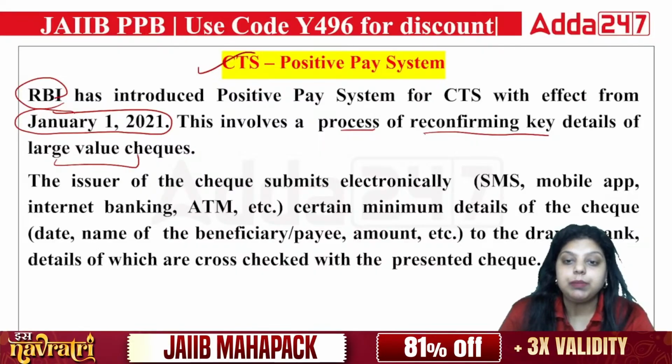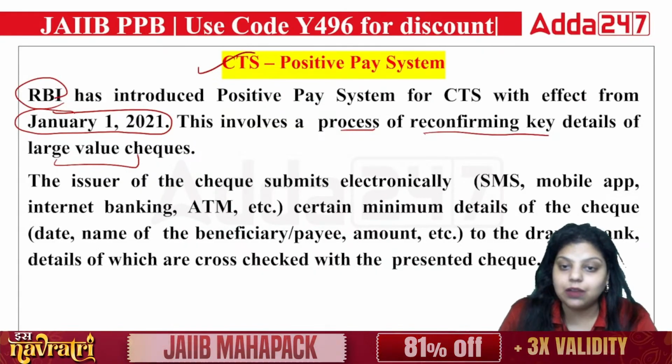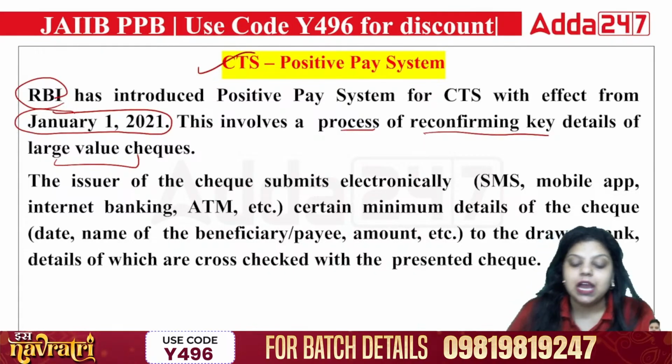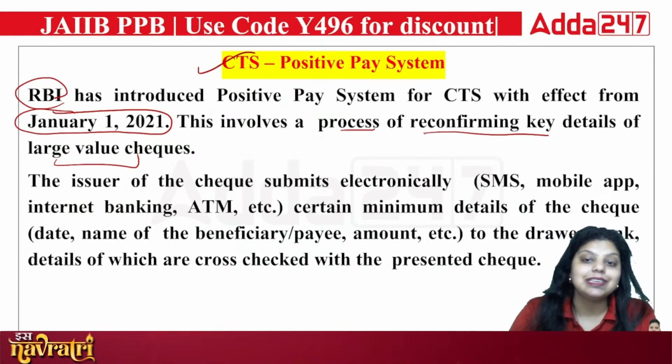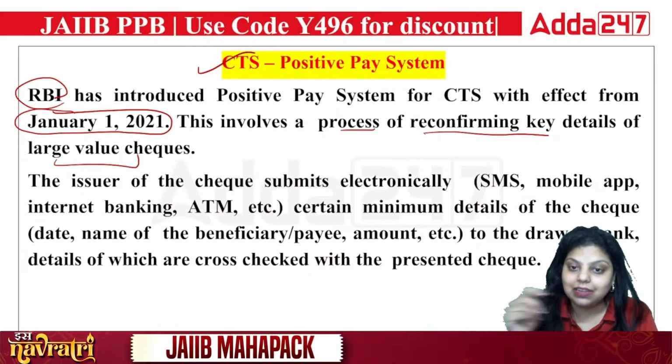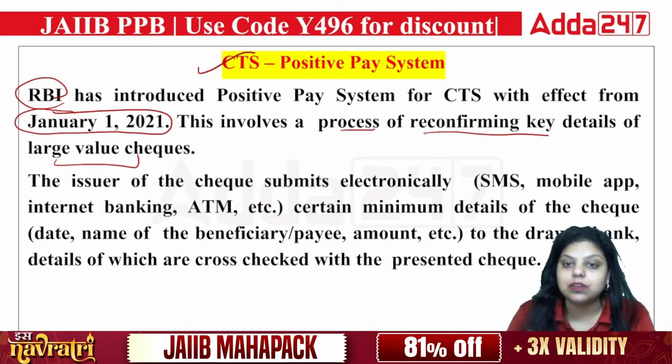Let's say I am the issuer or maker of a check. I have issued a check of 60,000 rupees to someone. While writing the amount in words and figures, I left a certain space there.